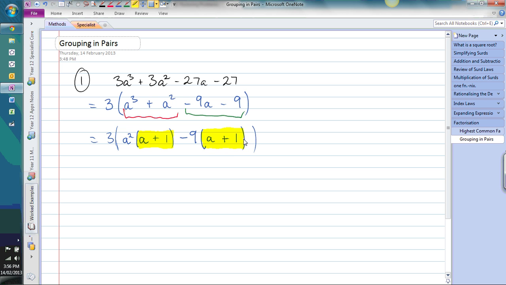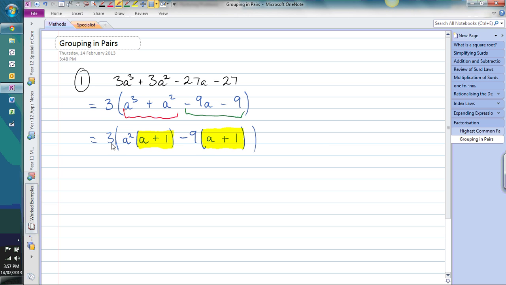With any grouping in pairs problem, we will always rig it so that this happens. We'll always make sure that when you do this grouping in pairs, you get the same expression in the brackets in both terms.